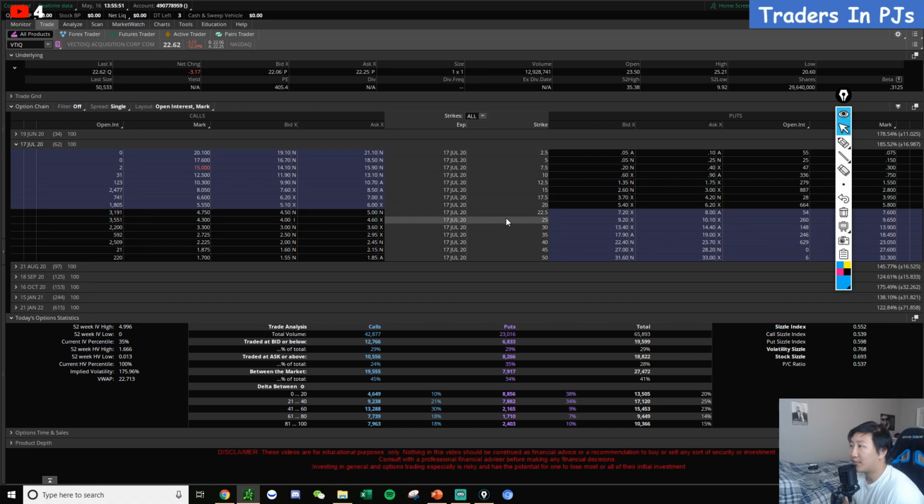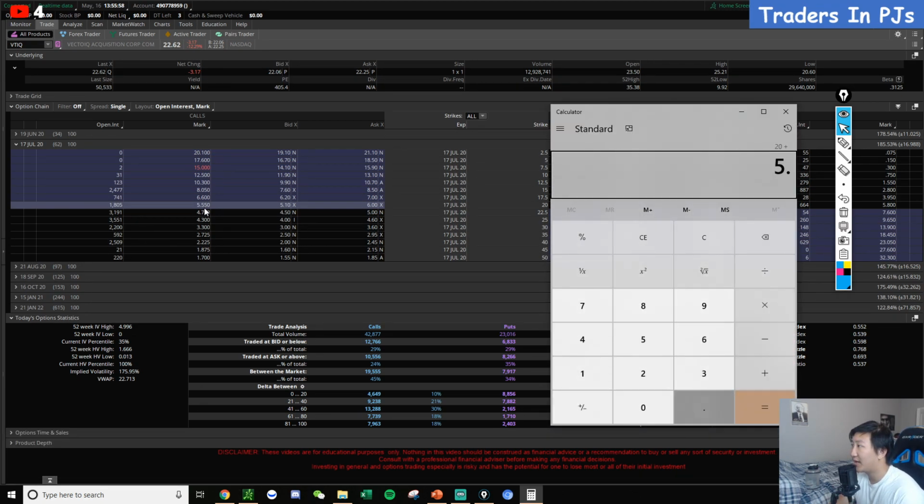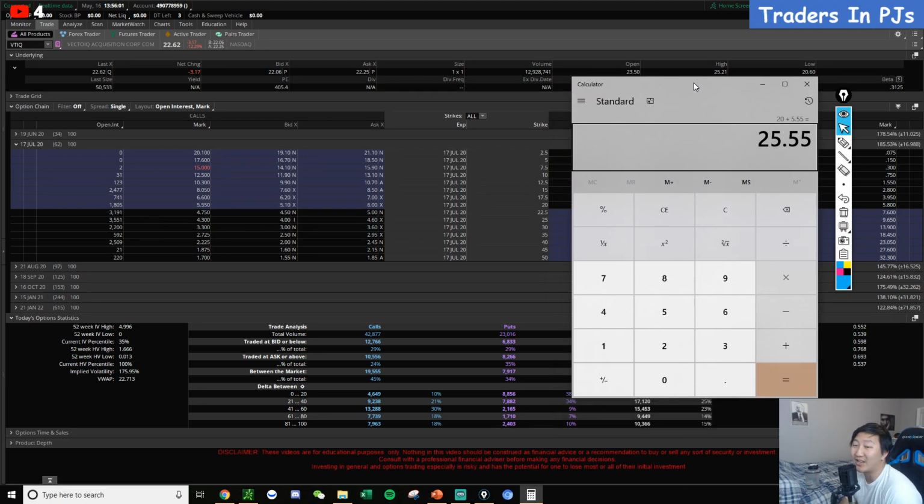If I go with the strike price at $20, I have to pay $5.55 for that. So that means 20 plus $5.55, my break even is at $25.55, which is above where I think it will be.